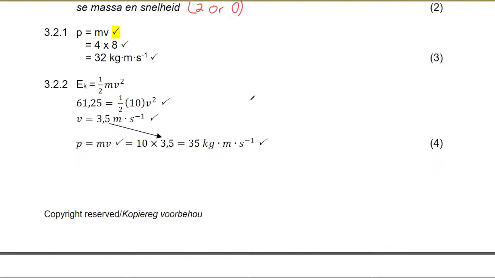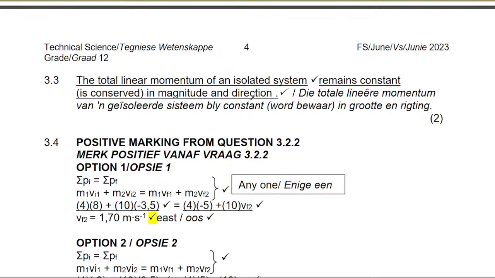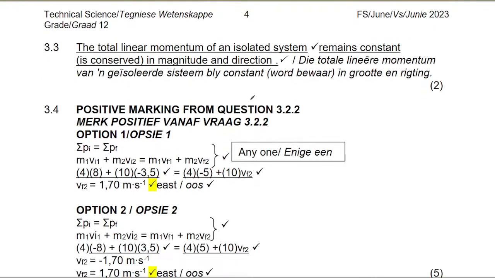So question 3.3, state the principle of conservation of linear momentum. Part marking again: the total linear momentum of an isolated system, that will be 1 mark. But please, let's not forget that all our definitions must be stated in correct context all the time.